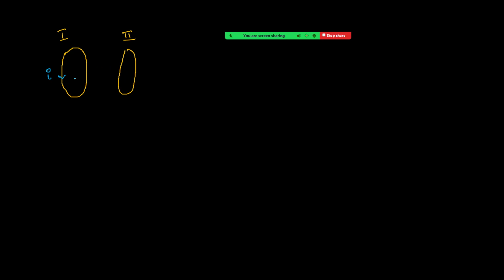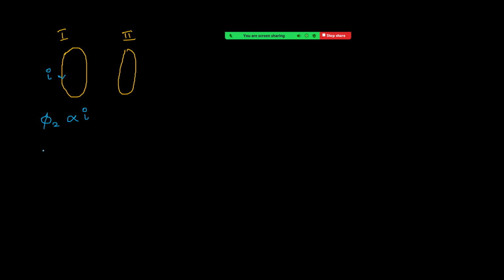Current is in coil 1, EMF is induced in coil 2, and because of that EMF, current flows in coil 2. And this is known as mutual induction. See carefully here. Flux in the second coil, I am writing as phi 2, is proportional to current in the first coil.